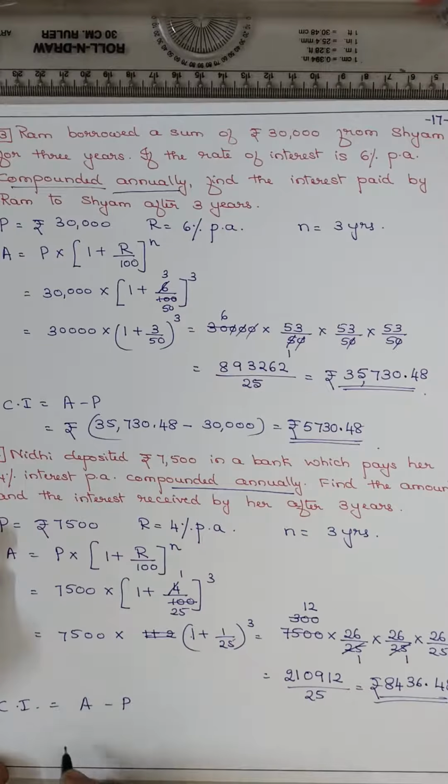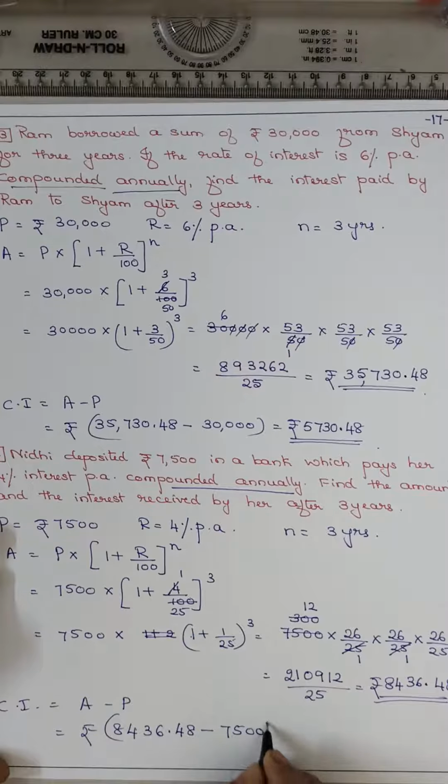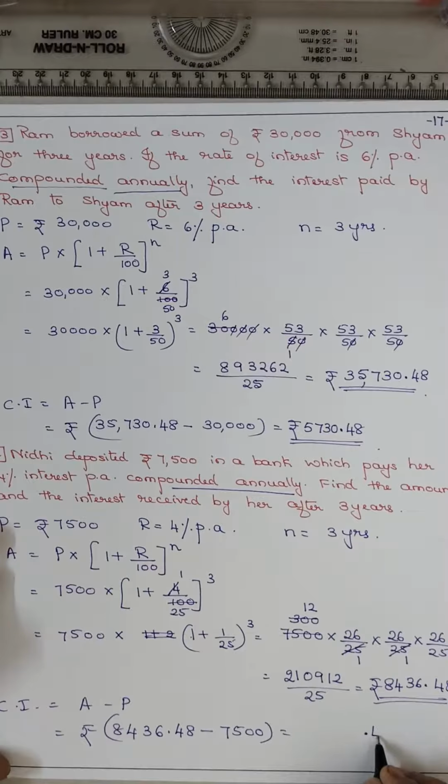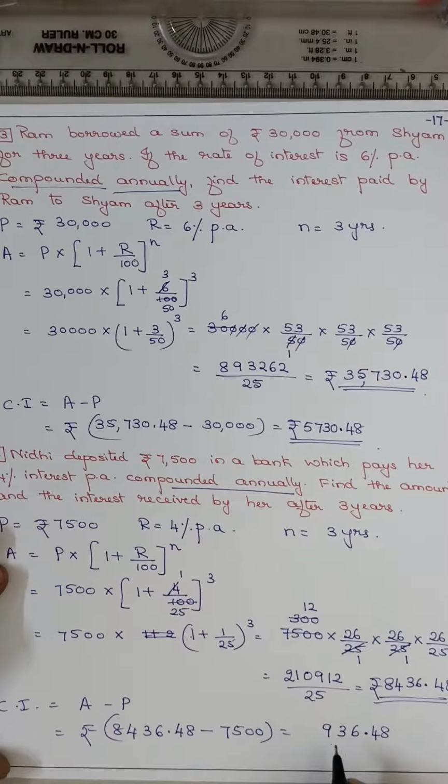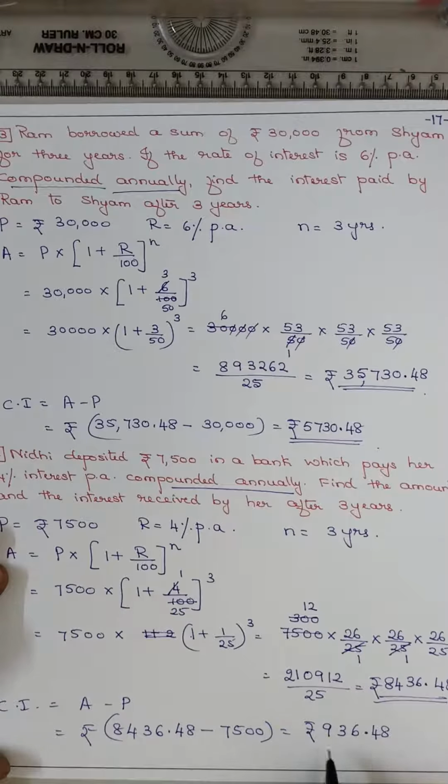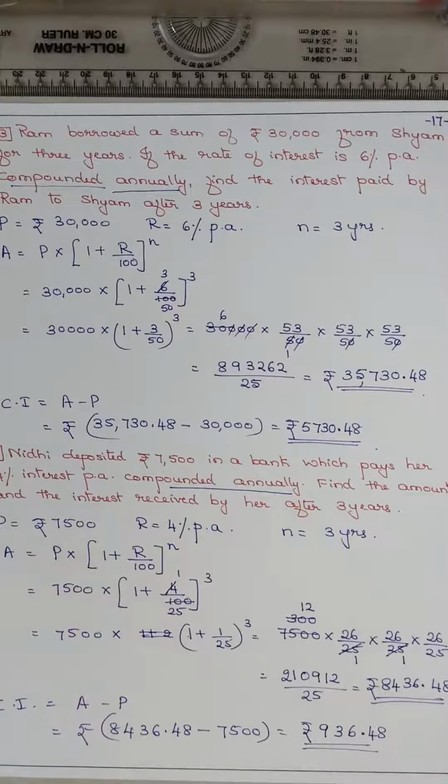A minus P, 8436.48 minus 7500, that is 936.48. That is CI.